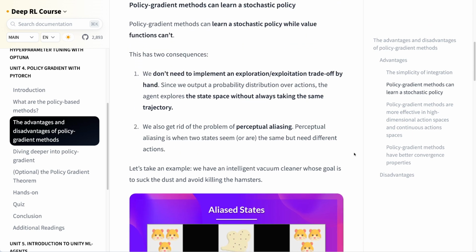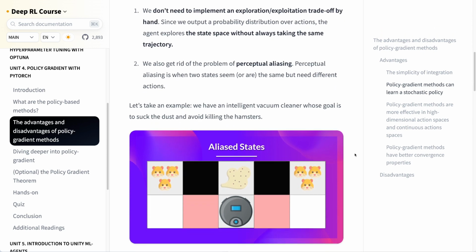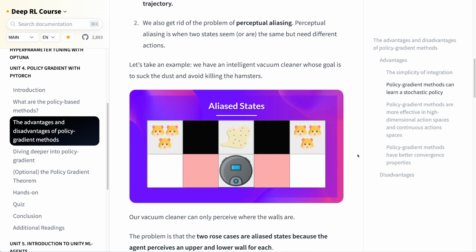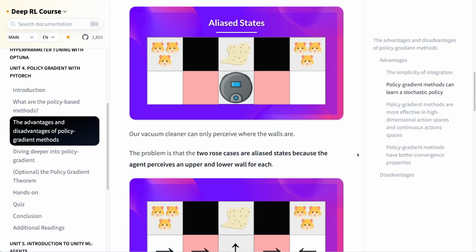Let's take an example. We have an intelligent vacuum cleaner whose goal is to suck the dust and avoid killing the hamsters. The picture here is a symmetric situation where it can go left or right. Those are both red, and then there are hamsters somewhere at the top. Our vacuum cleaner can only perceive where the walls are.